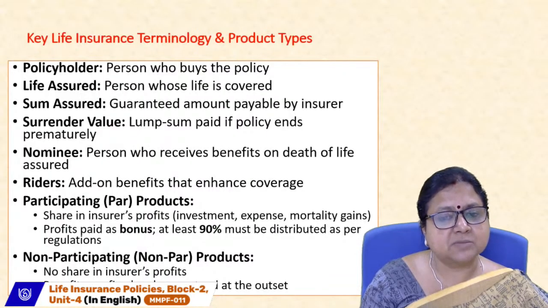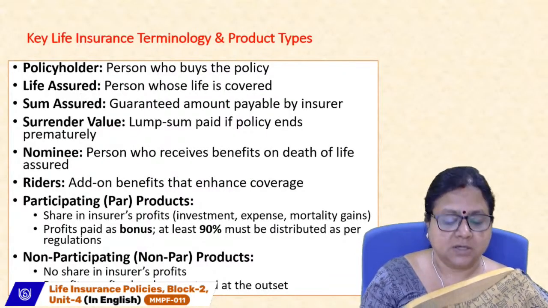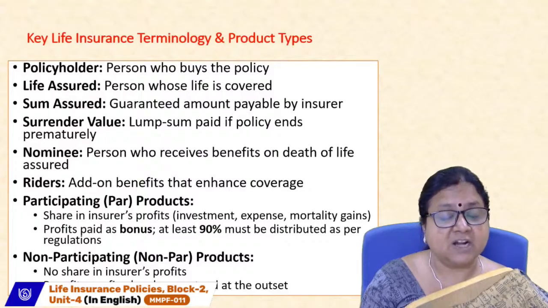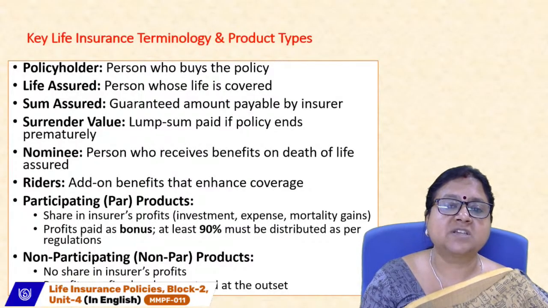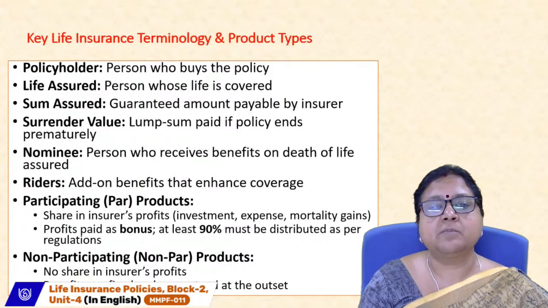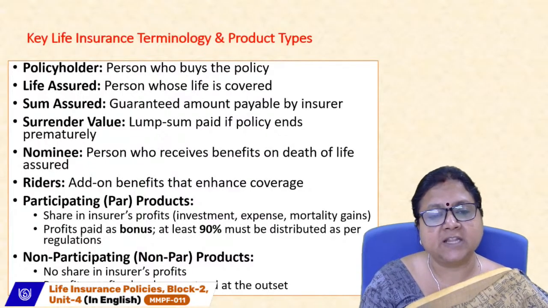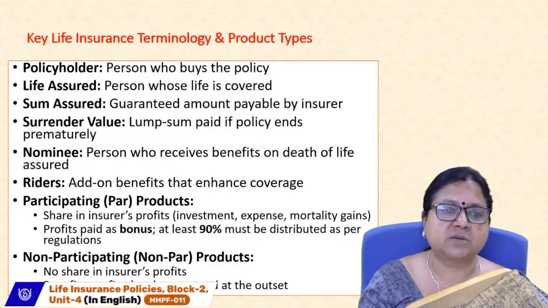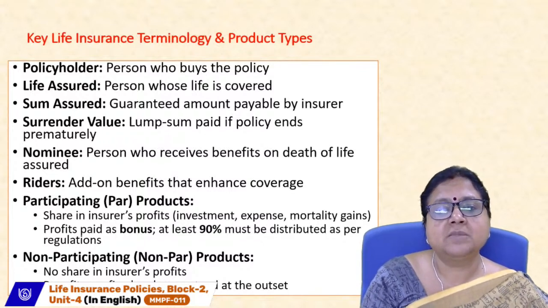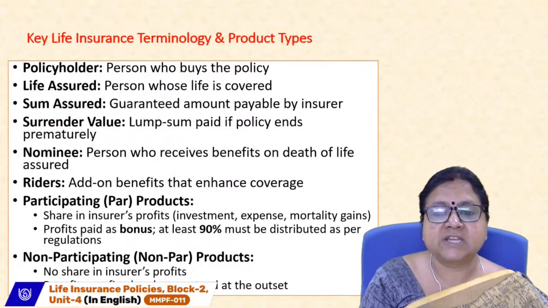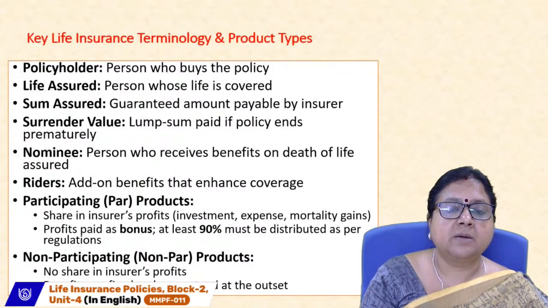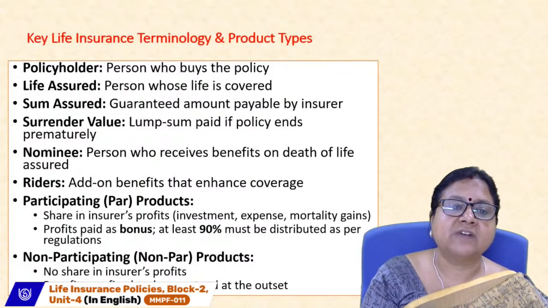Surrender value. Sometimes the policy which is availed by an individual might be surrendered or given back. The contract will end there. In that case, they will not get the entire sum assured, but they will get some discounted amount which has a calculation value.